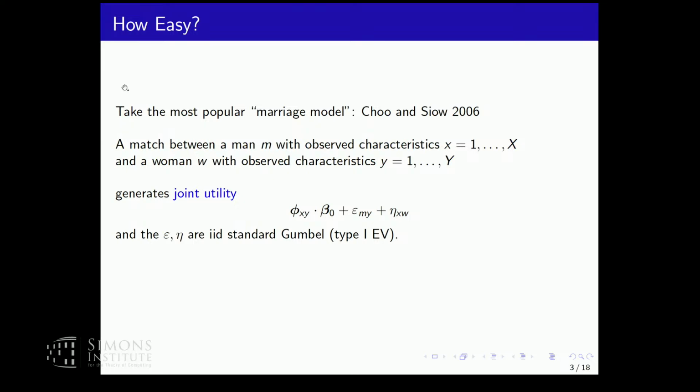So the Choo and Siow model says, if you match a man M of characteristic X and a woman W of characteristic Y, there is something that only depends on their observed characteristics, and I'm making it linear. And then there are these two random terms. Notice that they interact M and Y, so the unobserved characteristics potentially on one side and the observed characteristic on the other side.